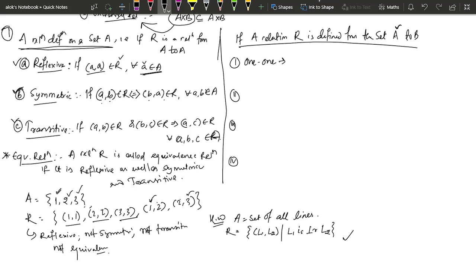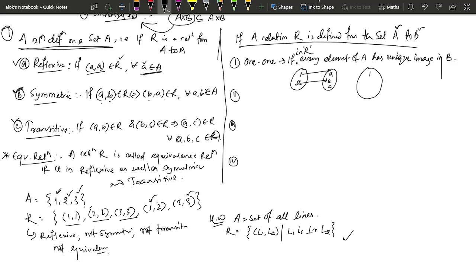If every element of A has a unique image in B, for example, suppose {1, 2} and {a, b, c}, if 1 is related to a and 2 is related to b, this type of relation is called a one-one relation.